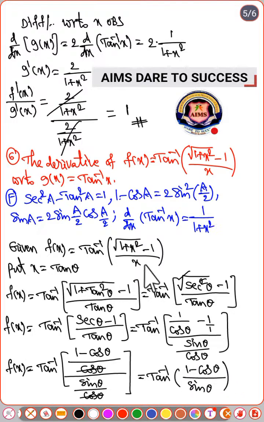This 1 minus cos theta and sin theta we can now rewrite.